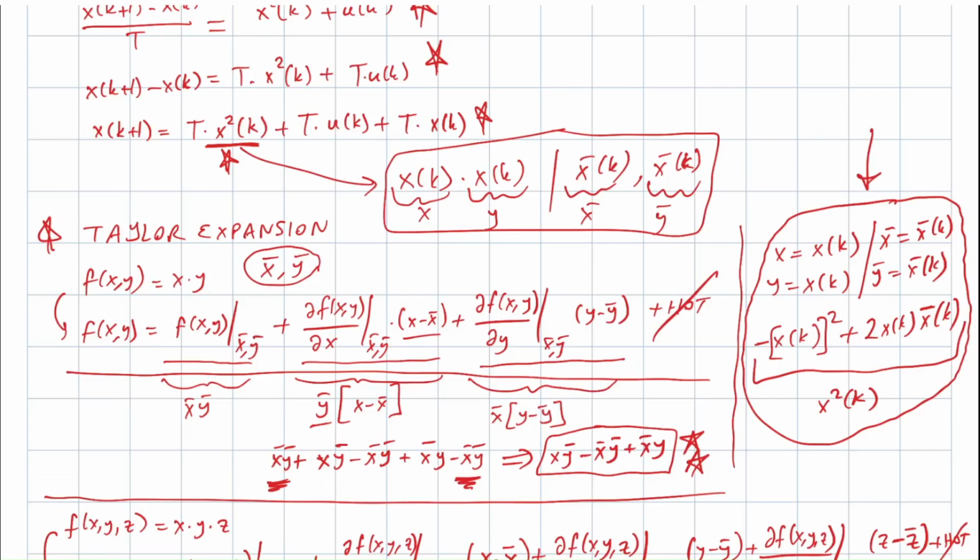Let me highlight it with another color. This is what we get. So what I'm trying to say is this: you have this nonlinear term, and by using Taylor approximation ideas you linearize it, and by linearizing you get linear or affine terms.